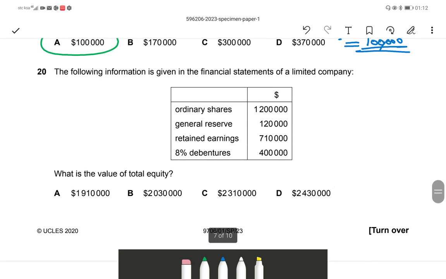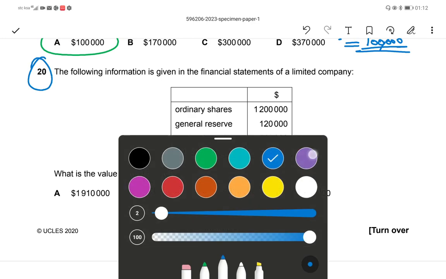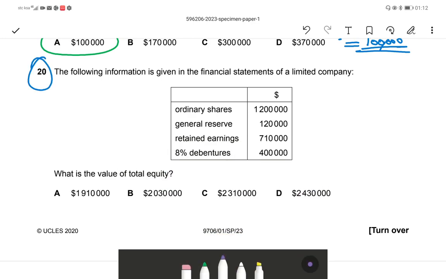Next, 20. The following information is given in the financial statement of a limited company: ordinary shares, general reserve, retained earning, debenture. What is the value of total equity? Equity means total shareholders' fund.